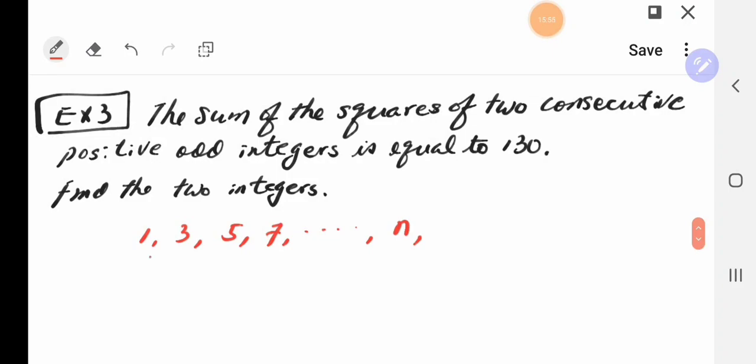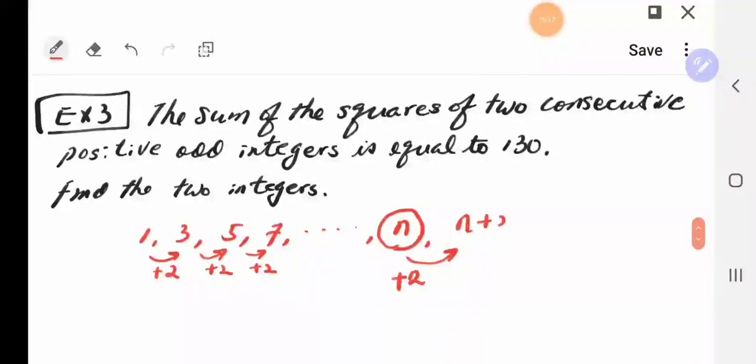For the odd integers, the second number is always 2 more than the previous integer. So let's say n is the first integer. Then the next consecutive odd integer will be n plus 2.